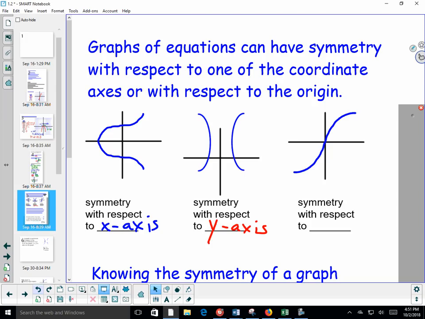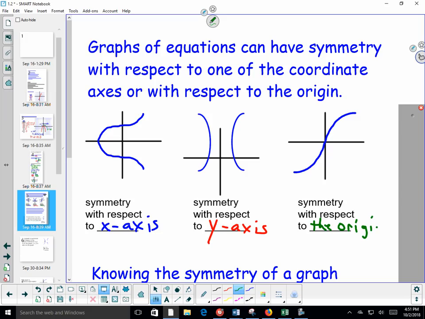This one has symmetry also, not with respect to the x-axis, not with respect to the y-axis, but if I took this graph and I rotated it 180 degrees, I would get back to the exact same graph again. That is your test for symmetry with respect to the origin.